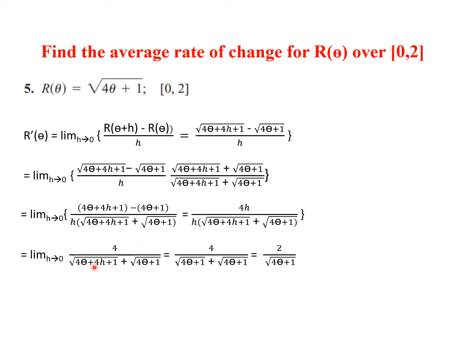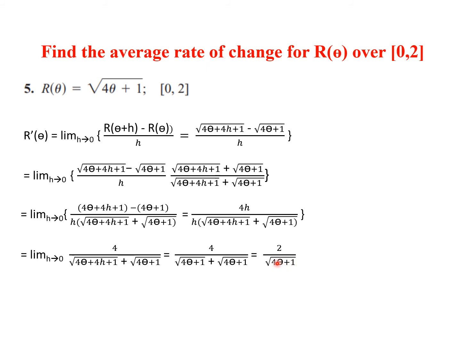And now if we apply the limit as h goes to 0 by replacing h by 0, we end up having 4 divided by square root of 4 theta plus 1 plus the square root of 4 theta plus 1, and that will give us 2 multiplied by the square root of 4 theta plus 1. And if we involve the 4, we reduce the expression to 2 divided by the square root of 4 theta plus 1.